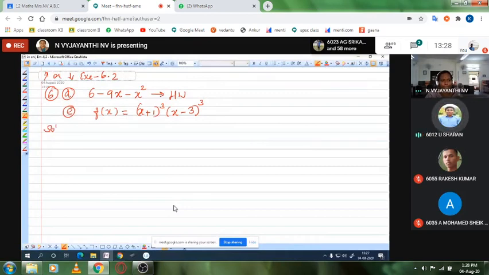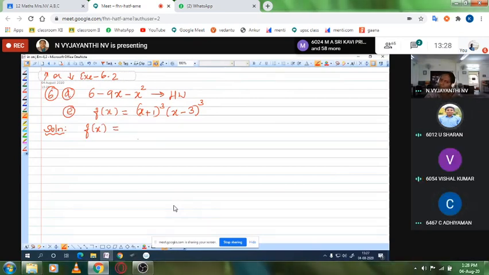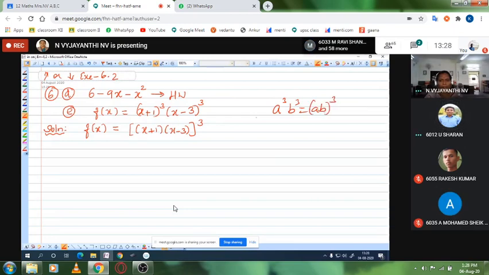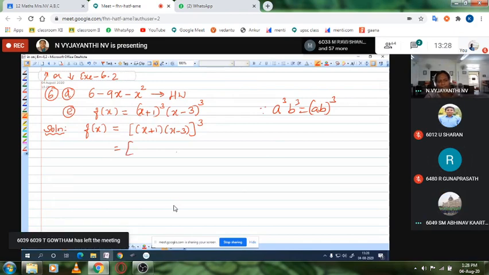First use the formula: A plus B whole cube. Shall we take it as this? A into B the whole cube?